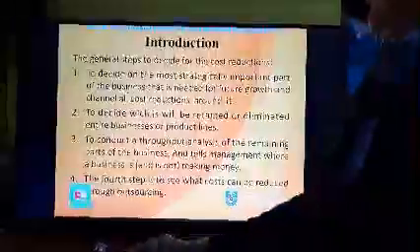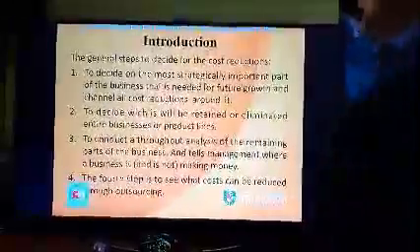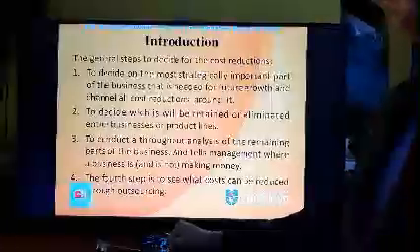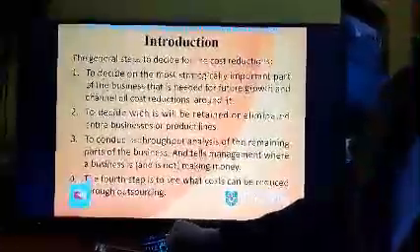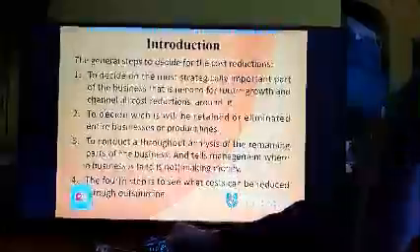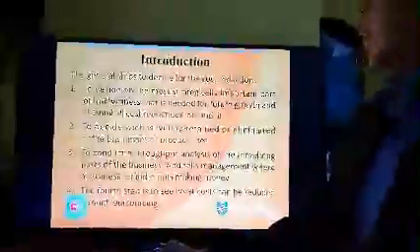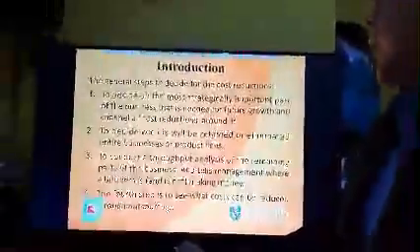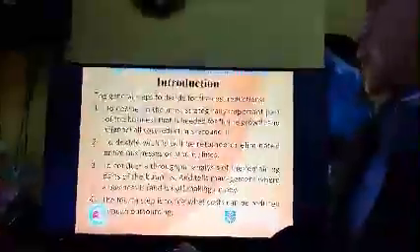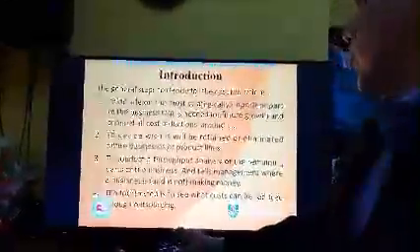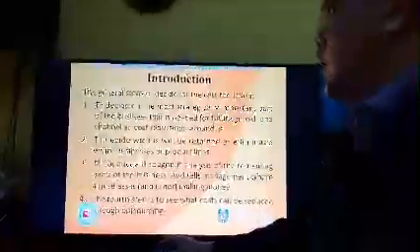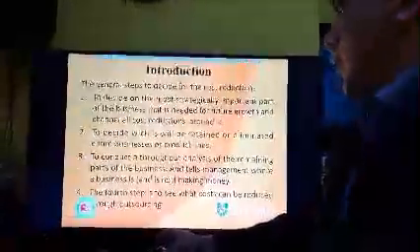Okay, we'll go to the general steps, how to decide the production cost reduction. Here we need to decide on the most strategically important part of the business that is needed for future growth and channel cost reduction around it. The second, we must decide which entire business or product lines will be retained or eliminated.